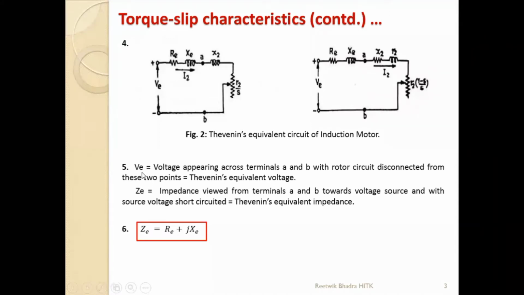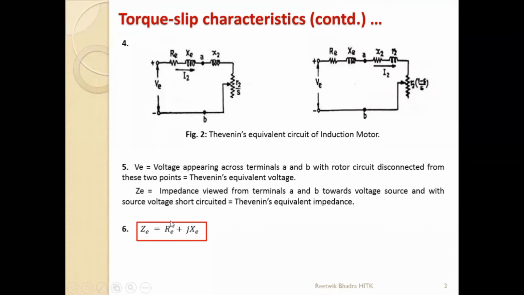So fifth point, I have written the terms that are used over here. What is VE? Voltage appearing across terminals A, B with rotor circuit disconnected from point 2, Thevenin's equivalent voltage. This is the Thevenin's equivalent voltage. And ZE is nothing but your Thevenin's equivalent impedance. And what will be ZE? RE plus jXE.